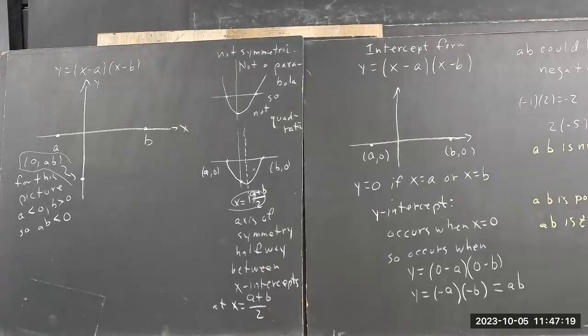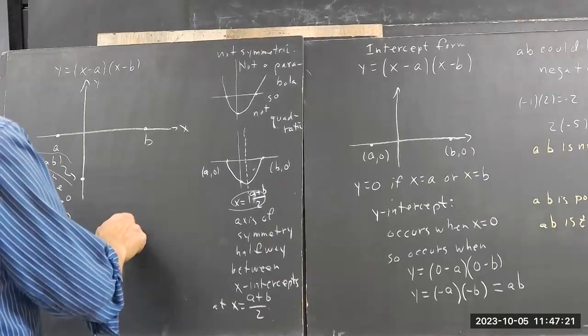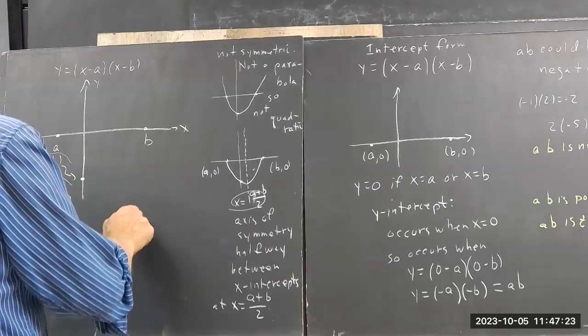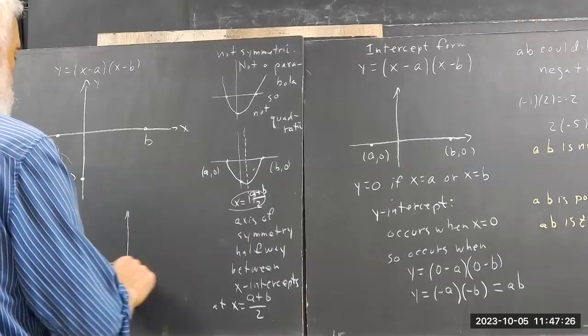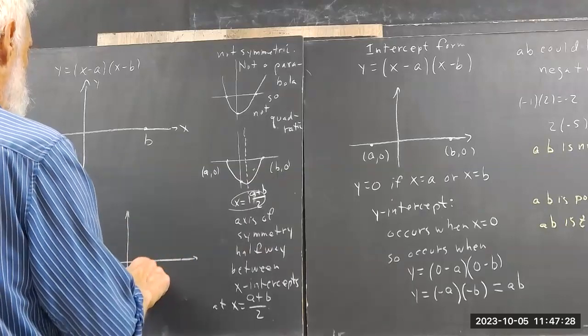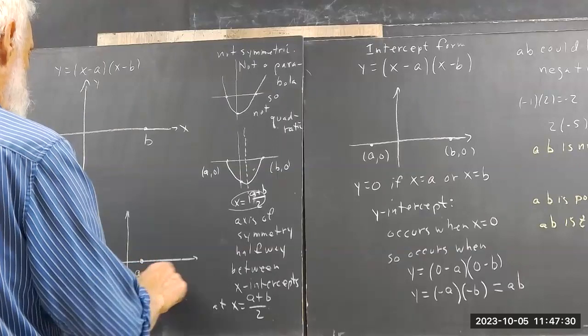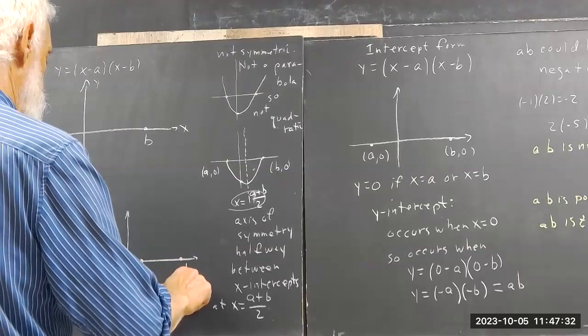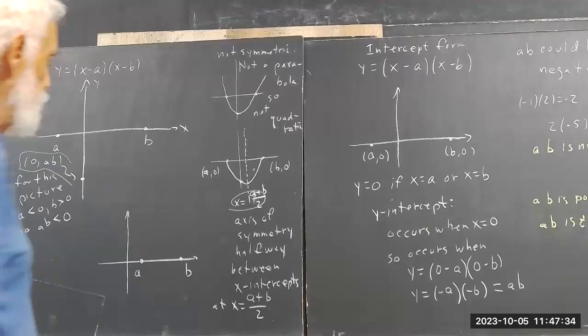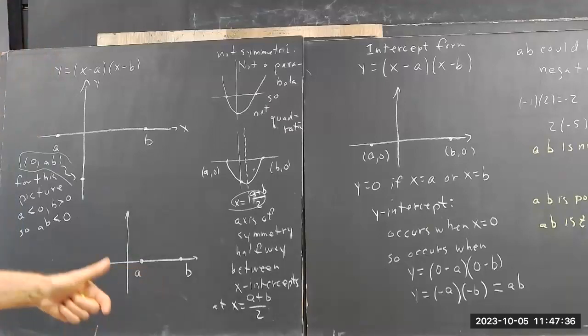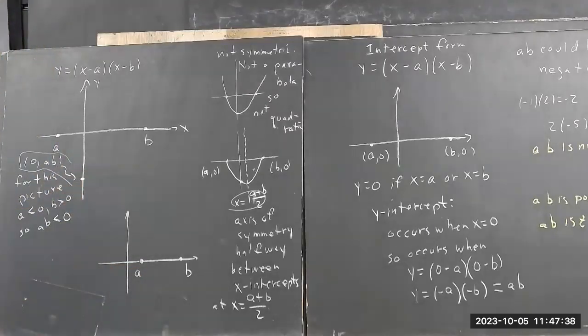Okay. Well, show me another picture. Right, here's a different picture. Okay, here's A and B. Where is AB?